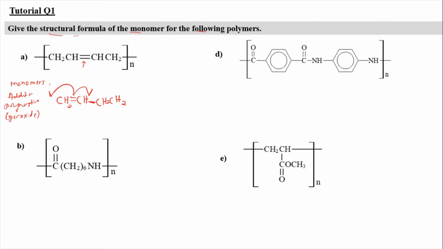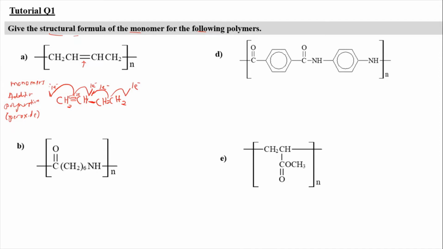So one single bond here represents two electrons. So a half-headed arrow representing one electron is transferred to the middle, and another one electron is transferred in order to connect to the next monomer. The same goes for this double bond here.